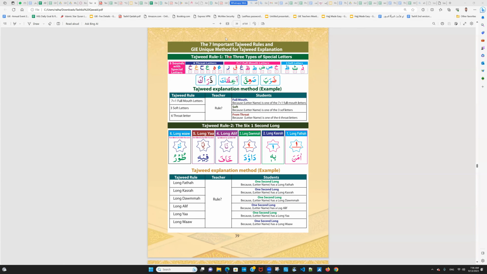Full mouth and soft, because Dha is one of the 7 plus 1 full mouth letters, and Dha is one of the 3 soft letters. So both, by using the word and, we have to say both. If there are more than 2, we can even add full mouth, soft, and whatever else, like this.